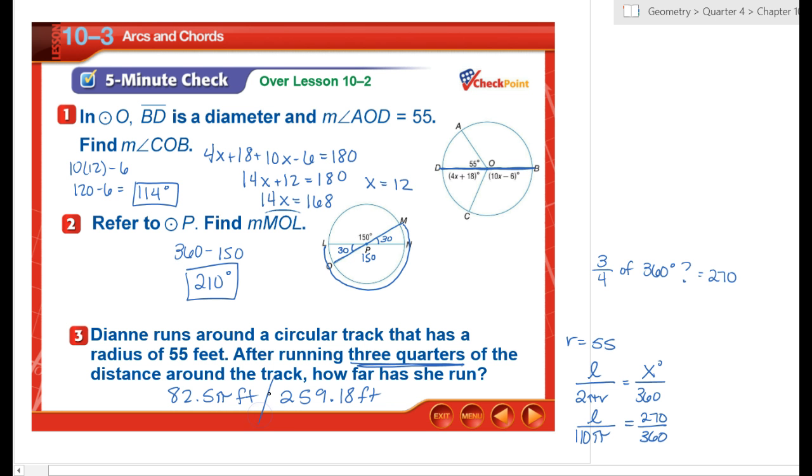Okay? Those are just the exact versus the rounded answers. You could have treated it as a percent and said L over 2 pi r equals 75 over 100, because that represents 3/4. You would have gotten the same exact answer. So if you did it like that, that's okay too.